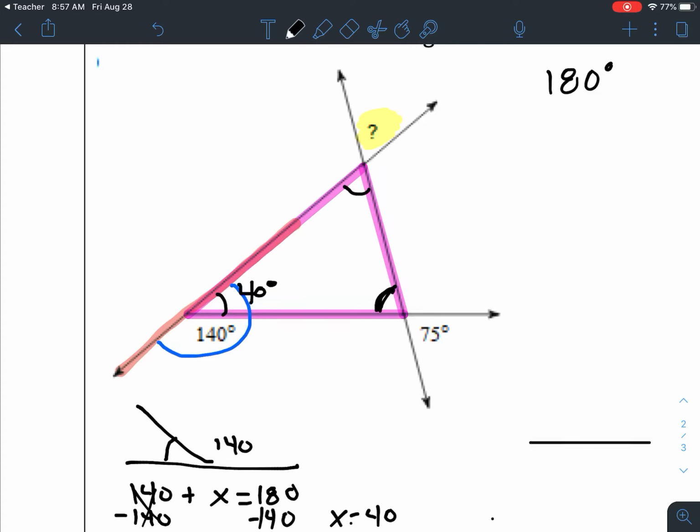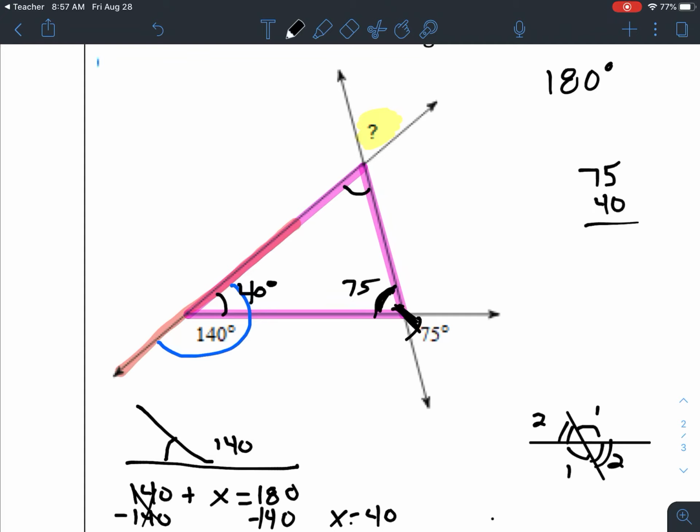When you have a line like this and it cuts across, the angles opposite of each other will always be the same. So if this corner angle here is 75, this is going to be 75 as well. Okay, when it looks like that, if it gives you a cross like this, it's always going to be the same. Now, we can add these two angles up.